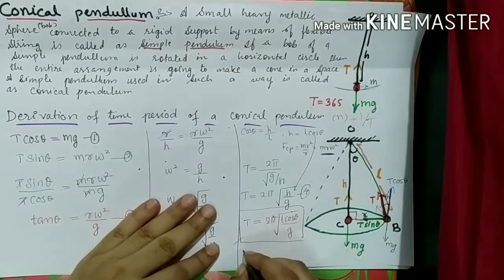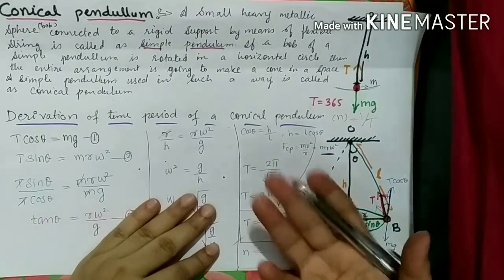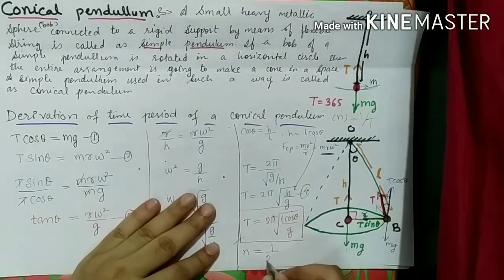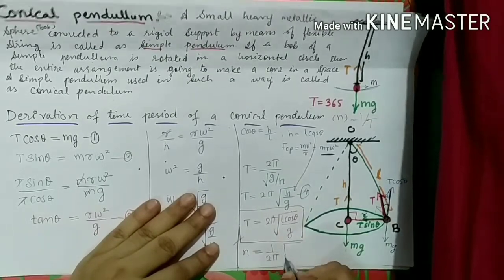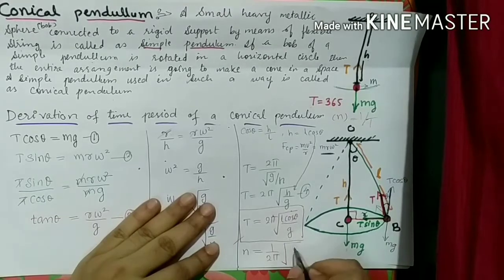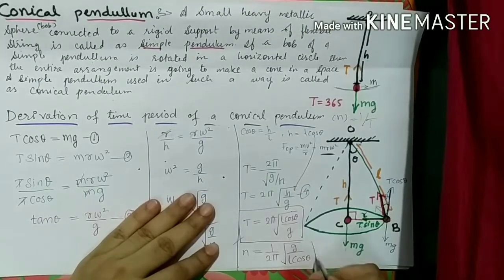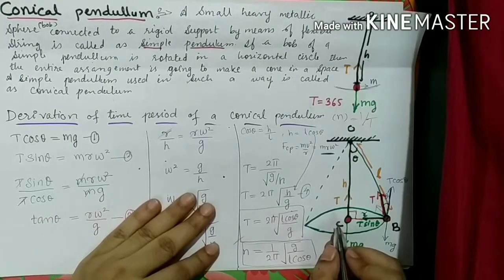So if you want to write down the formula for the frequency, everything will be reversed. So here it will become 1 upon 2 pi, and this ratio will also get reversed, it will be in the root only. So it will become g upon L cos theta.